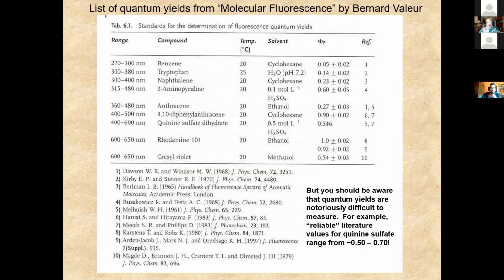Reliable literature values for quinine sulfate, for example, from good labs have been published ranging from 0.5 to 0.7. So what I care about if I'm reading a paper where the authors give the quantum yield is how did you do the measurement? What was your standard and what value did you use for the standard? Because if I think your standard should have a different value, then I can substitute.